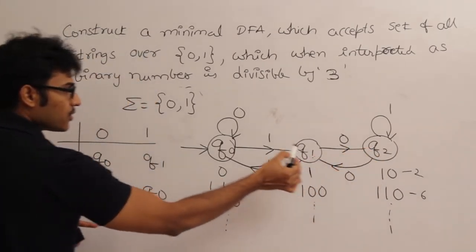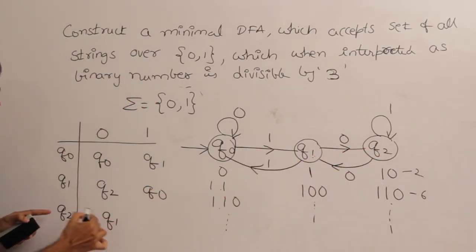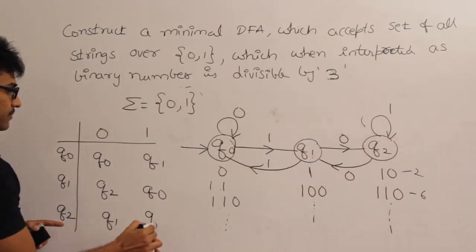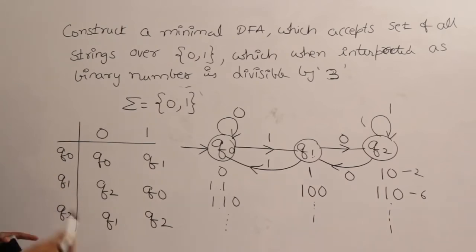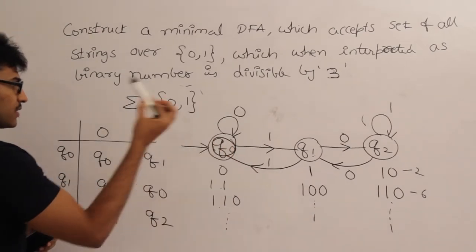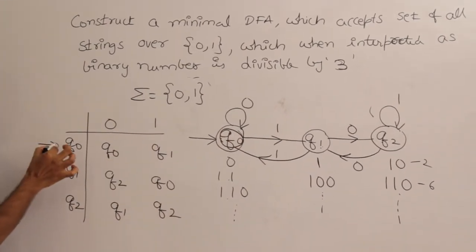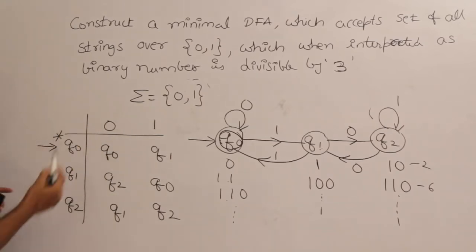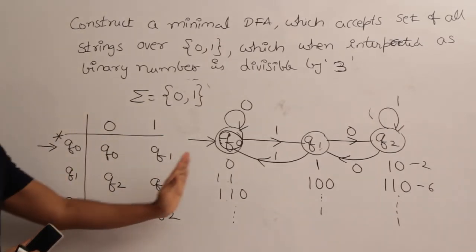Q2 on 0 is going to Q1 and Q2 on 1 is going to Q2 itself. So what is the final state? It has to be divisible by 3, therefore the final state is going to be this one. This is the initial state. Initial state is represented by an arrow and final state is represented by a star. This is the table and this is the diagram.